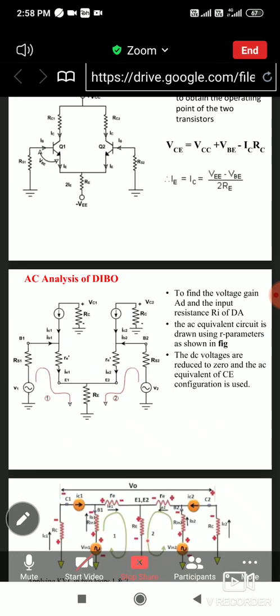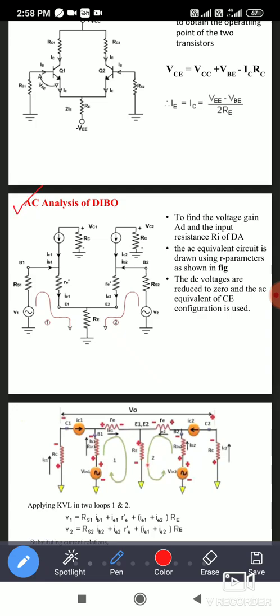Okay. So AC analysis, again an important concept. We are going to do AC analysis for the DIBO differential amplifier. Why is it required? To find out the voltage gain.